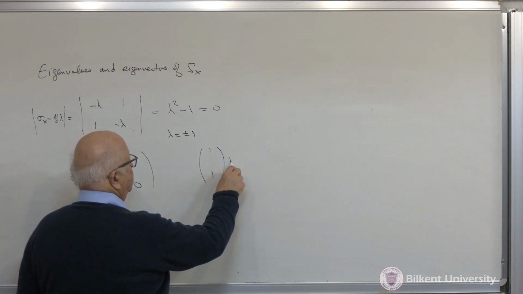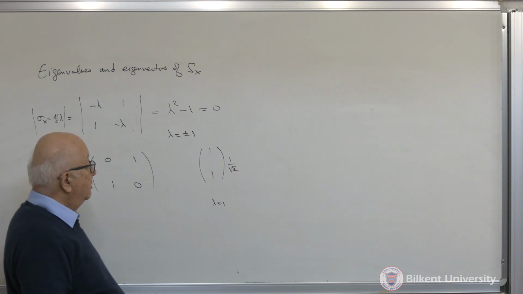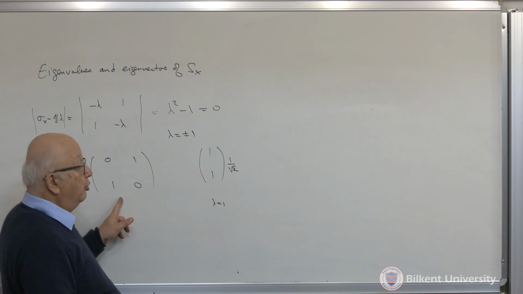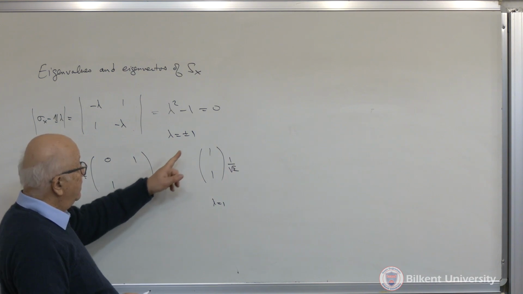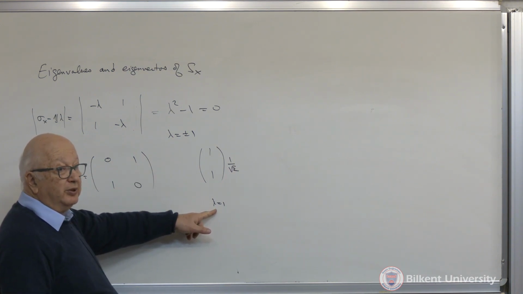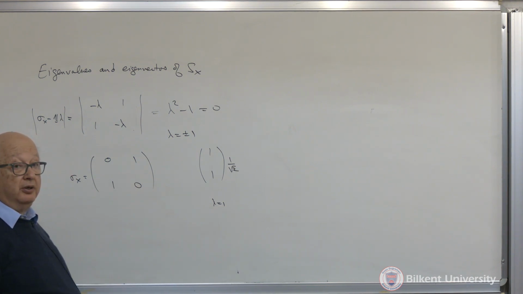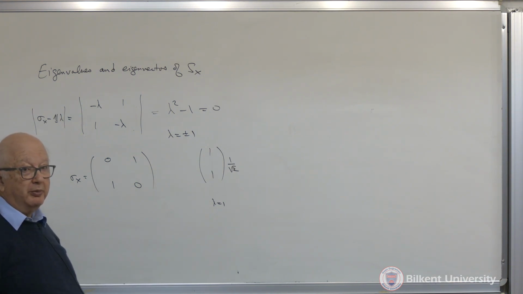I want to normalize it, so it's 1 over square root of 2. Now, I also want the eigenvector which corresponds to lambda equals minus 1. What will that look like? Can you tell that just by inspection? It has to be orthogonal to this one, by the way.